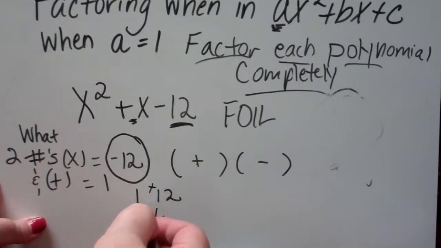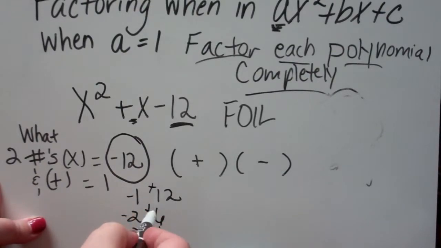So does negative 1 and 12 add together to give us positive 1? No. Negative 2 and 6? No. Negative 3 and positive 4? Yes. Bingo. Those are our numbers.